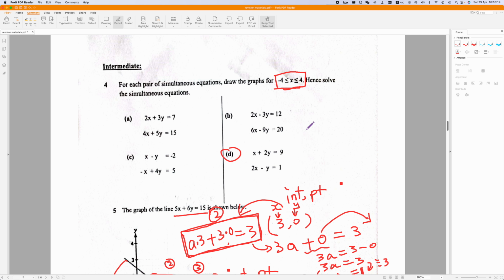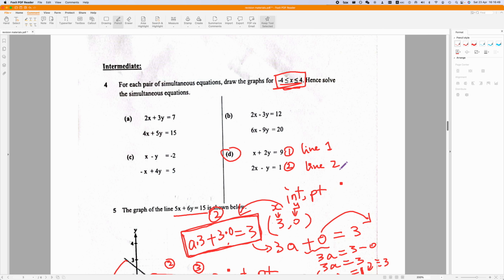How many equations you have? Okay, so look at this. You have two equations. So equation 1, equation 2, given the range, right? So if you have two equations, you are going to have how many lines? Two. So you're going to have line 1, and then you're going to have line 2, right?